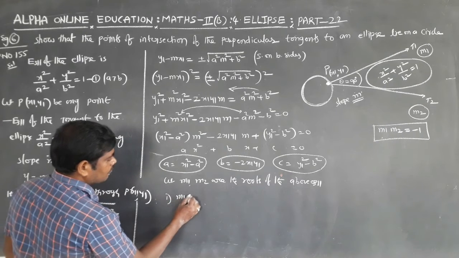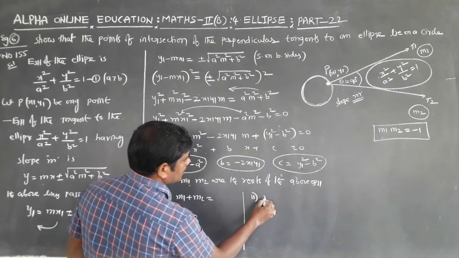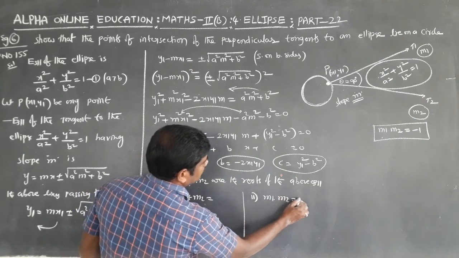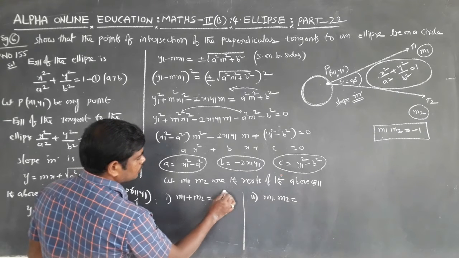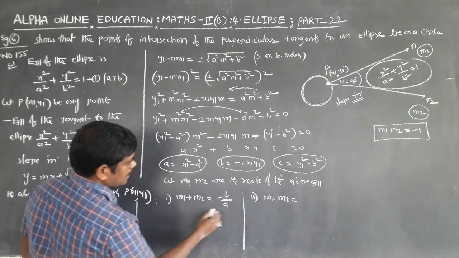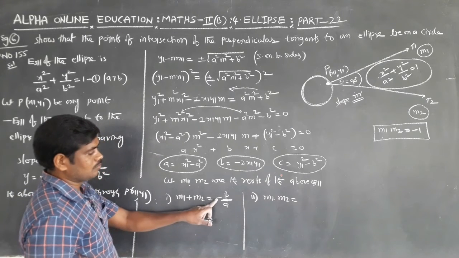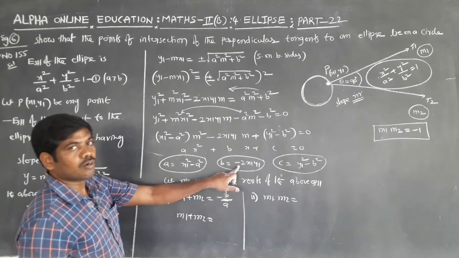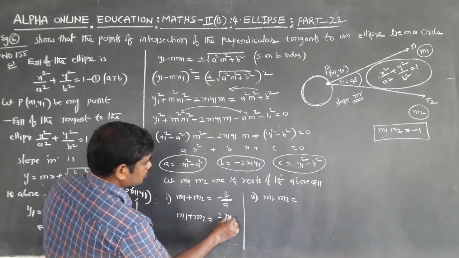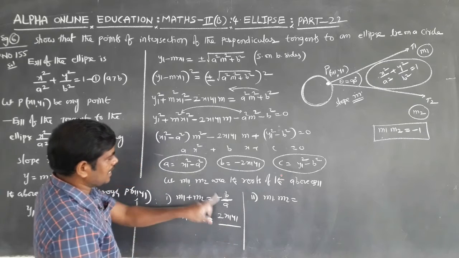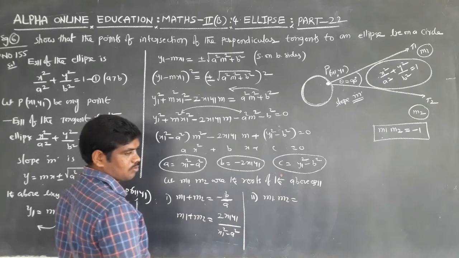Number 1, find the sum of the roots, and second, find the product of the roots. Sum of the roots is equal to minus b by a. So m1 plus m2 is equal to minus b by a, which is 2x1 y1 by (x1 square minus a square).